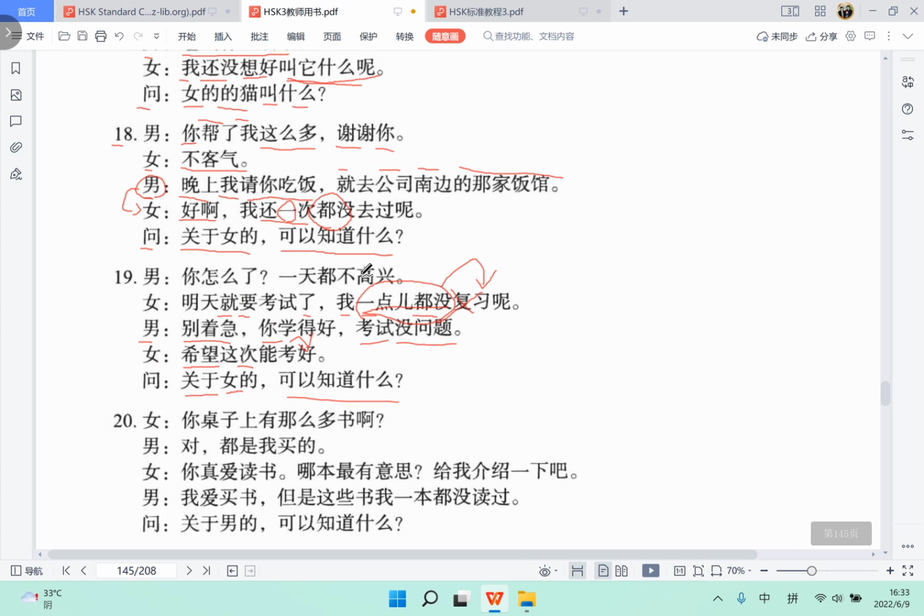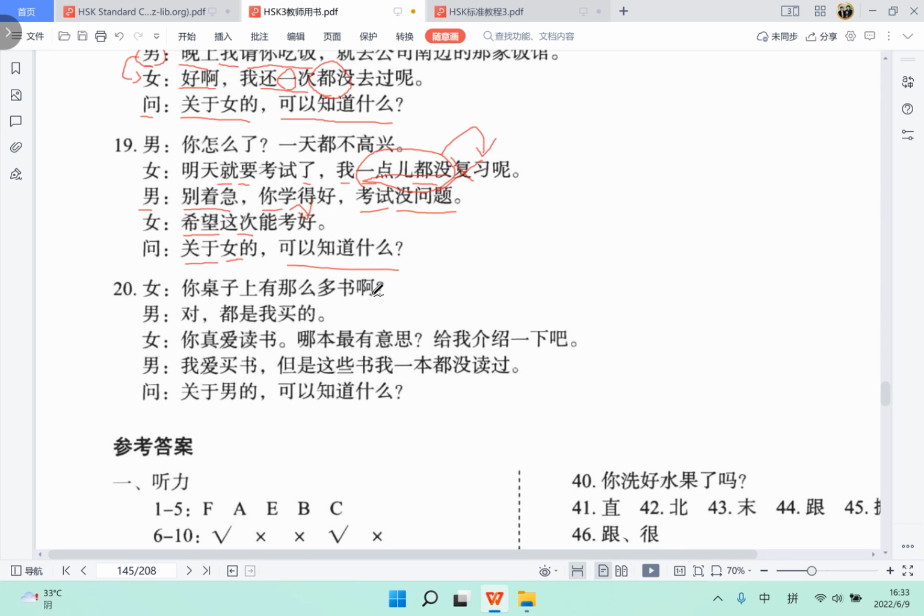And number 20, 你桌子上有那么多书啊, so on your desk there are that many books. 对，都是我买的, yes, they are all bought by me. And 你真爱读书, you really love reading. 哪本书最有意思, so which one is most interesting? 给我介绍一下吧, introduce it to me. 我爱买书, I love to buy books. 但是这些书, but these books, 我一本都没读过, so 一什么什么都没, haven't read even one. So 关于男的可以知道什么, about the man, what could we know?